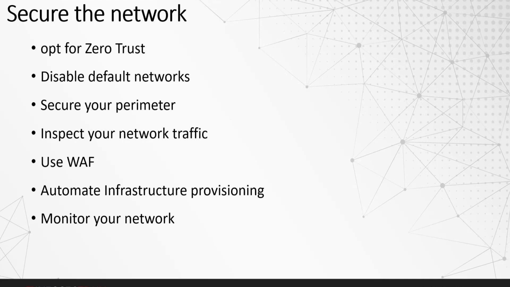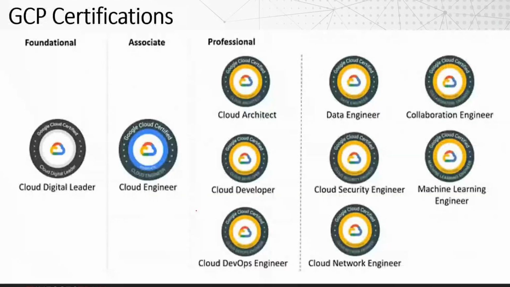If you are looking to go for a Google Cloud certification, these are the certifications currently provided by the Google Cloud platform. We have an associate level certification, and we have professional level certifications also.